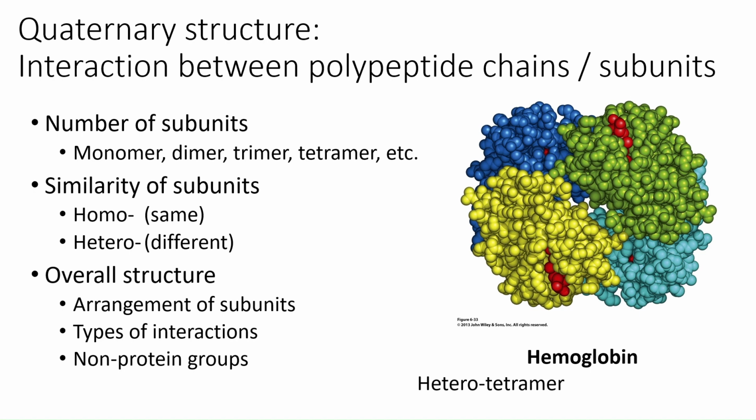Here in hemoglobin, the little red part that you can see within each of the subunits is actually a heme group. Non-protein groups like heme can count within the quaternary structure of a multiple subunit protein like hemoglobin. So overall, if you were going to talk about hemoglobin as a quaternary structure, we call it a heterotetramer with 4 heme groups.